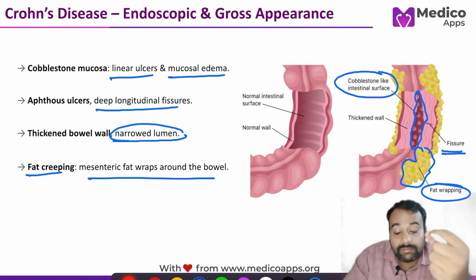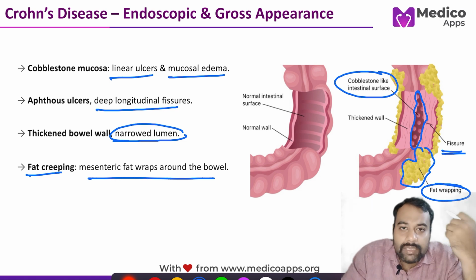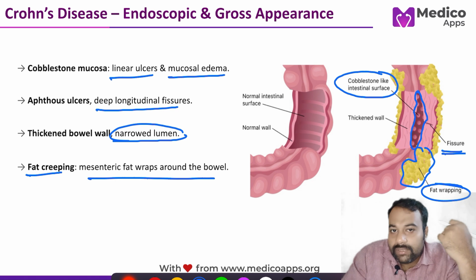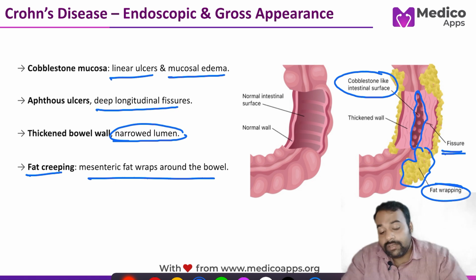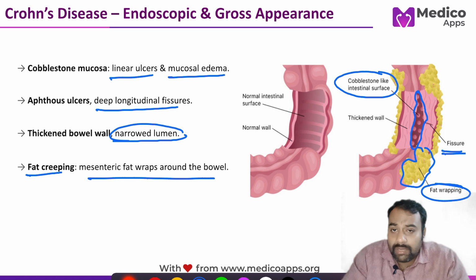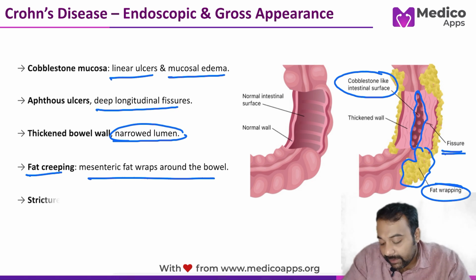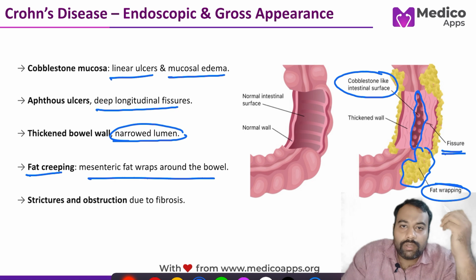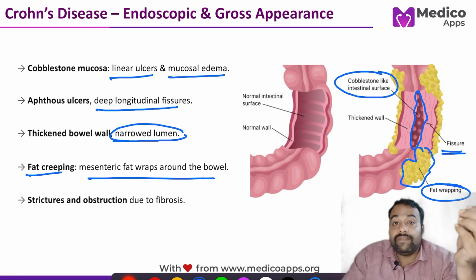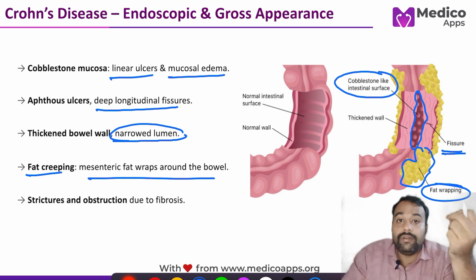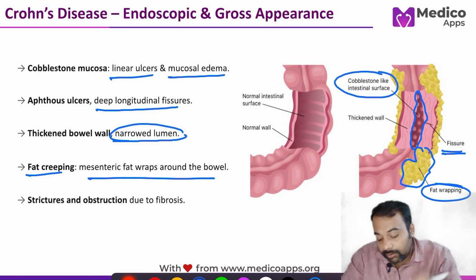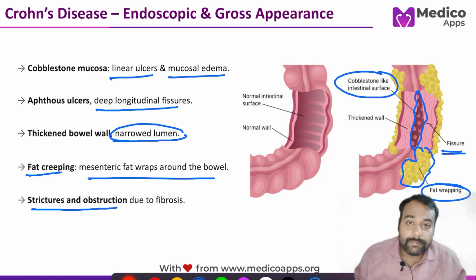The fistula may be ileocolic, ileo-ileal, between the small intestine, or sometimes enterocutaneous or enteroatmospheric fistulas are also seen. The patient may also come with features of stricture and obstruction, and this happens as a result of fibrosis.